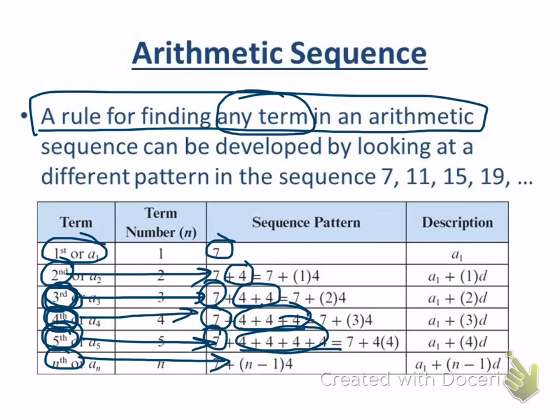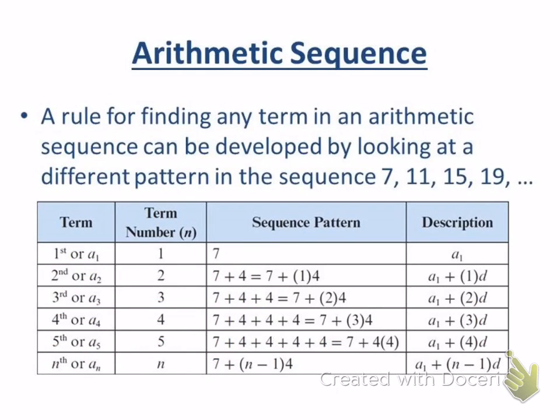So the nth term takes the first term and adds n minus 1 4s. So the rule for an arithmetic sequence is that the nth term is equal to the first term plus n minus 1 times the common difference.